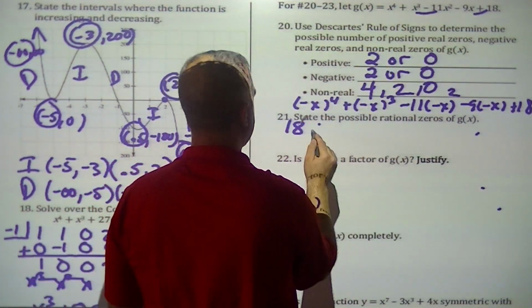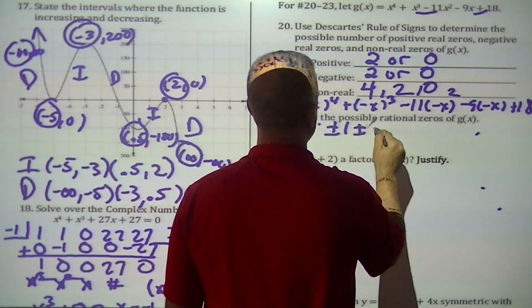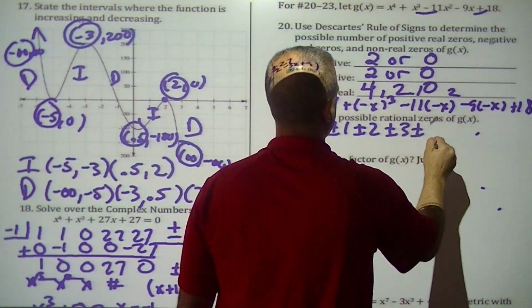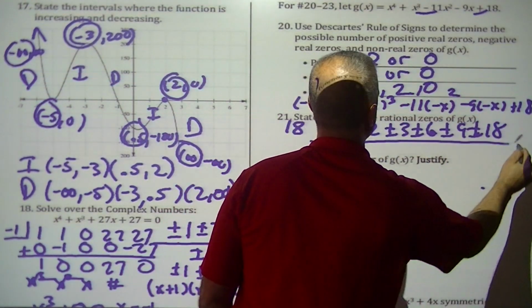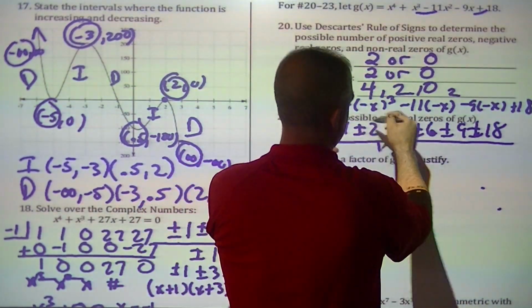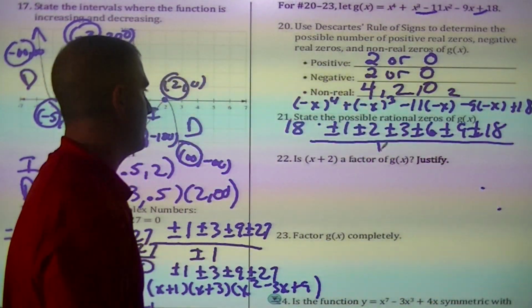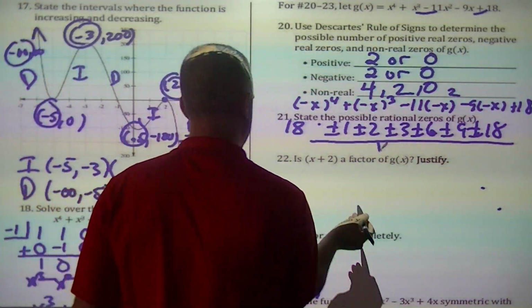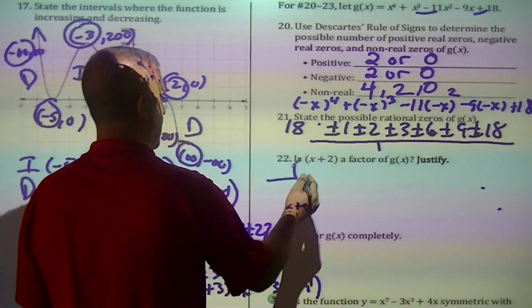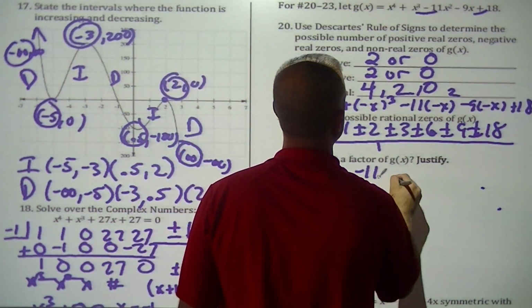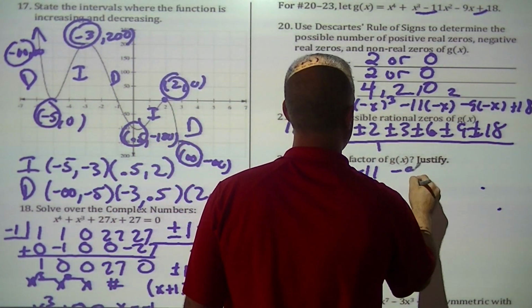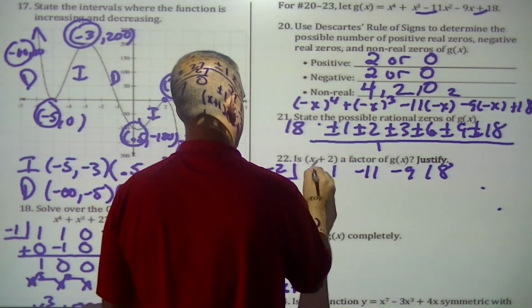The factors of 18, which would be 1, 2, 3, 6, 9, and 18, all divided by the factors of that 1. So all those would just be that. Is this a factor? The way we would justify that is I would put -2, so I got 1, 1, -11, -9, and 18.